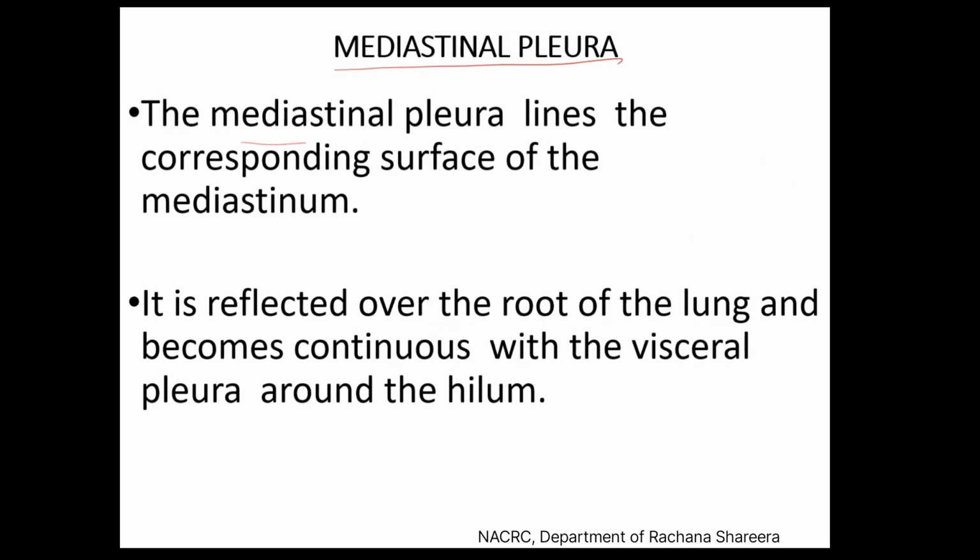Mediastinal pleura. Mediastinal pleura lines the corresponding surface of the mediastinum. It is reflected over the root of the lung. It is like that. The medial surfaces of both lungs are covered with the mediastinal pleura.